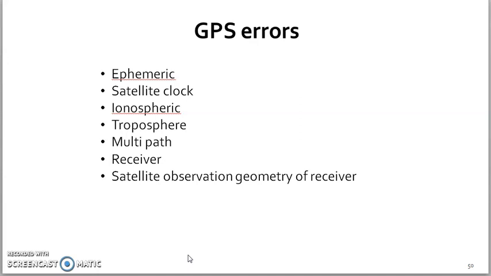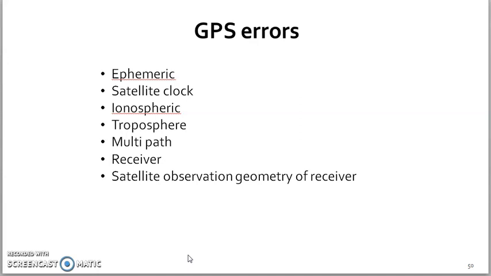These errors are the ephemeris error, the satellite clock error, the ionospheric layer, the troposphere, the multipath, and the level of the signal received by the receiver, and then the coordinate system of this particular receiver.